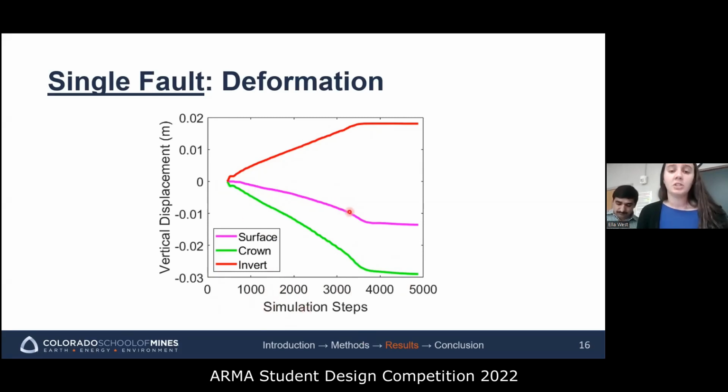Eventually, the deformations all reach a relative plateau, which is when the model reaches equilibrium. The maximum deformation in the final time steps at these 3 locations is at most just below 3 centimeters, which is a negligible amount of deformation that can be easily mitigated with ground support. So this means that our final design can be reasonably constructed.